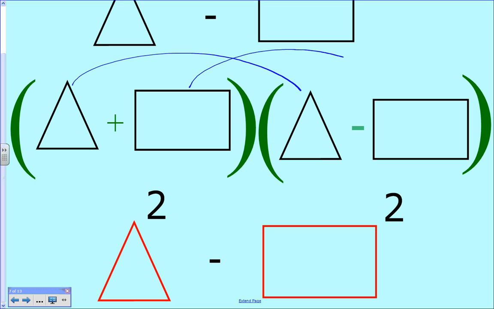Positive rectangle times negative rectangle will be minus rectangle squared. And then a plus rectangle times triangle and a minus rectangle times triangle will cancel out, leaving us with what we started, the difference of 2 squares, triangle squared minus rectangle squared.